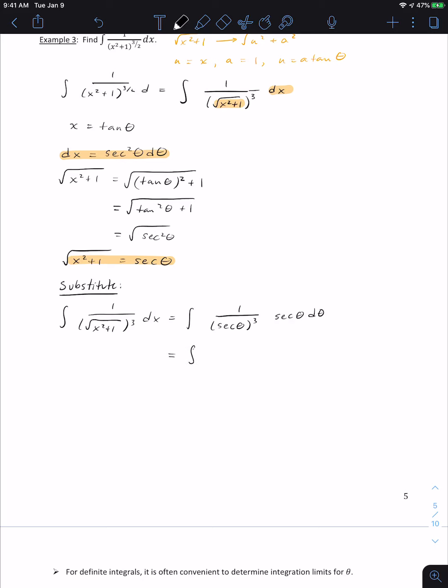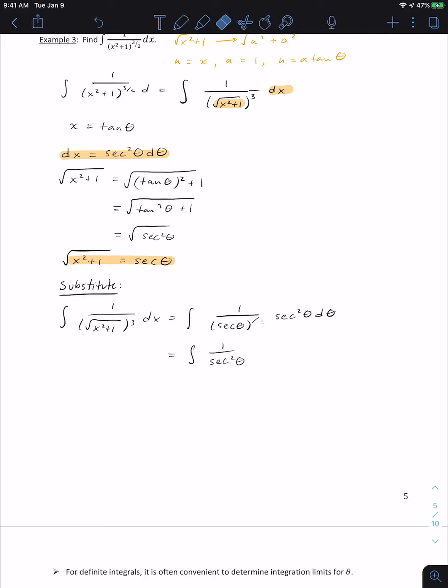So we end up getting 1 over secant squared theta. I'm sorry, this should be secant squared right up here. Let me try that again. When I did the substitution, we knew that dx was secant squared, so this should have been secant squared theta d theta.